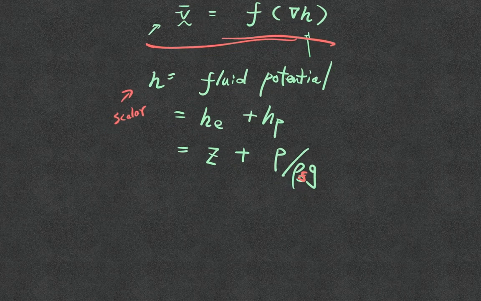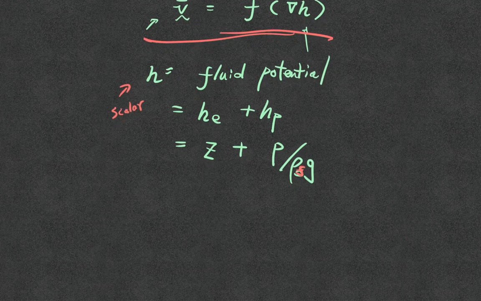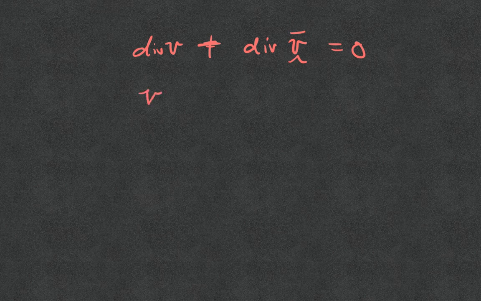Now I have these equations. The divergence of the velocity, the Darcy's velocity, equals 0. Now I want to use Darcy's law, which restricts this velocity as a function of k times the gradient of this potential.